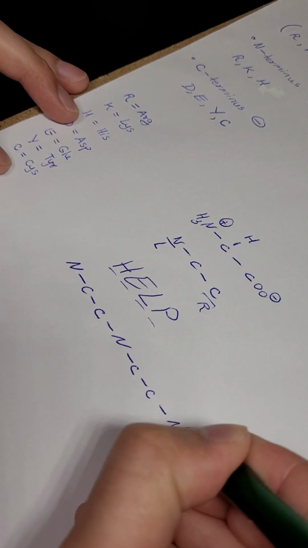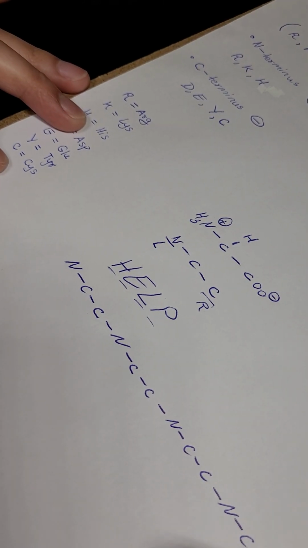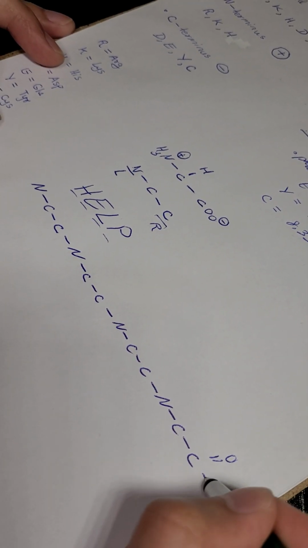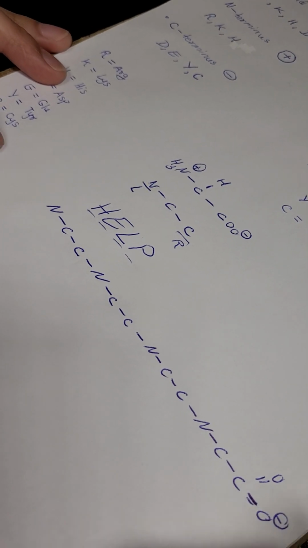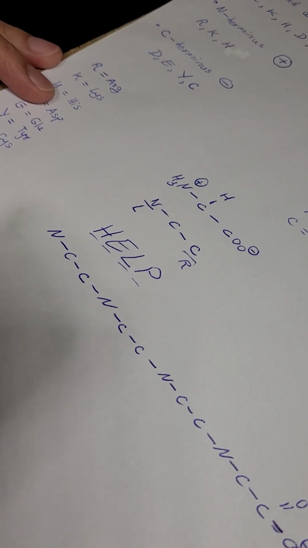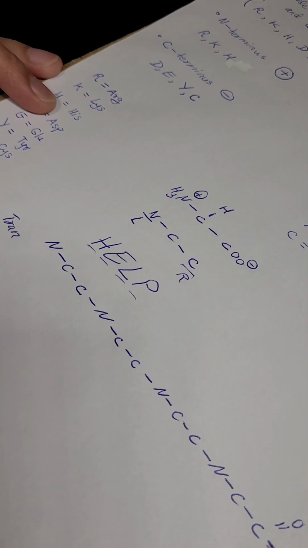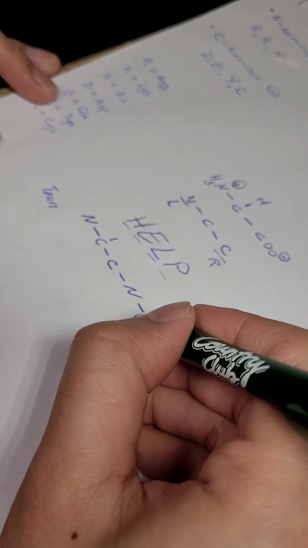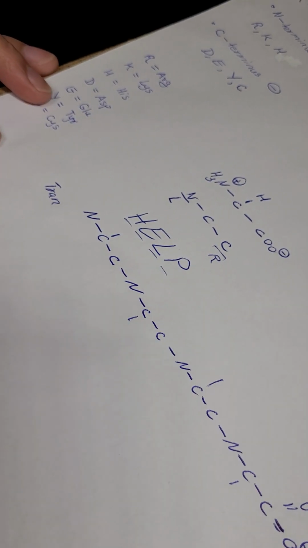N C C, second one, the third one, C, N, C, C. So the last one will be a double bond and single bond. Always do trans when you draw. What is trans? Trans means one side up, one side down, one side up, one side down.